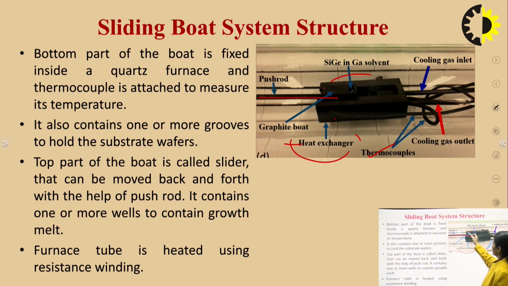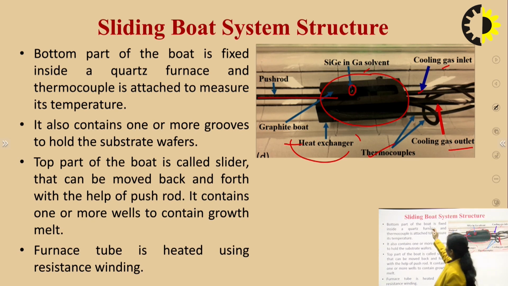The board is made up of graphite. Now this groove we can see is the groove containing the solvent to be deposited. That is a silicon germanium compound in the gallium solvent. This is the cooling gas inlet. This is the cooling gas outlet. So this whole arrangement is the actual image of the system.